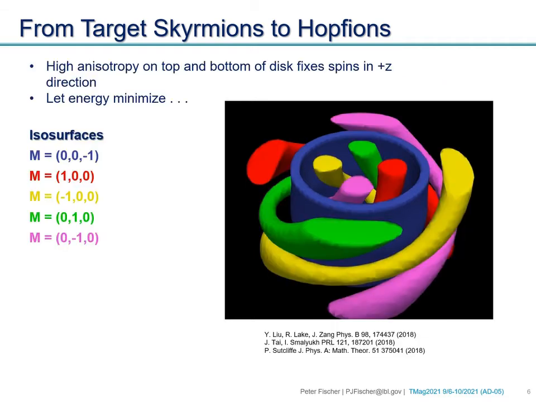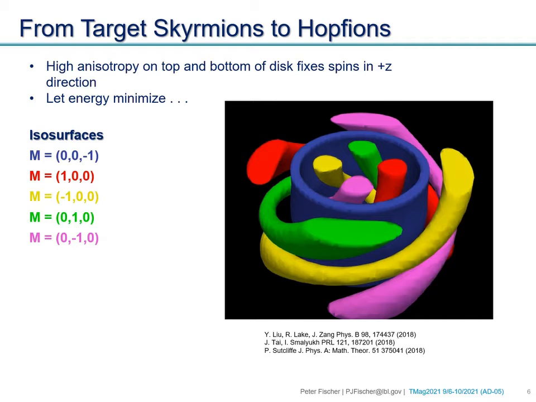And if you keep doing this for all various directions, and paint these isosurfaces with a certain magnetization direction, you end up with these very complex, intertwined, twisted, linked textures. And this, in the end, I think is also a characteristic of such Hopfions.